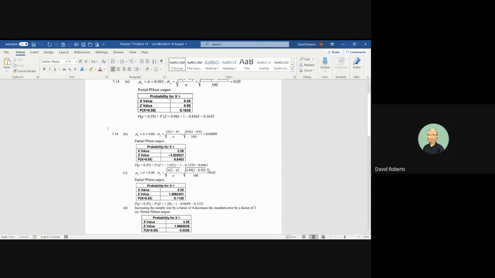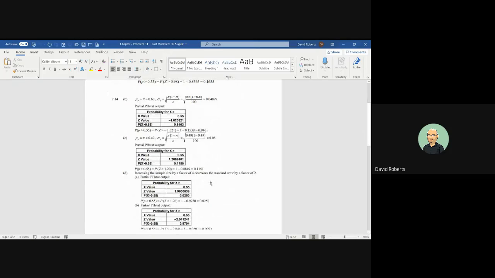You subtract that from 1, and it gives you an 84.61% chance. So if her polling numbers are 60%, doesn't guarantee she's going to win, but she has almost an 85% chance that she will win.